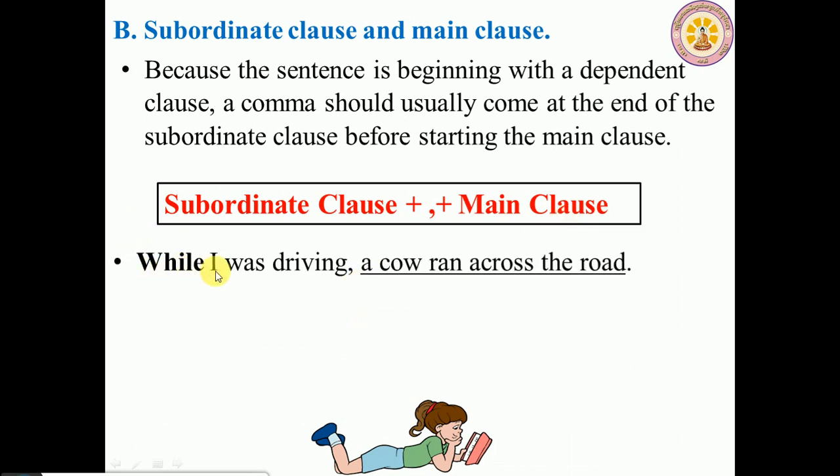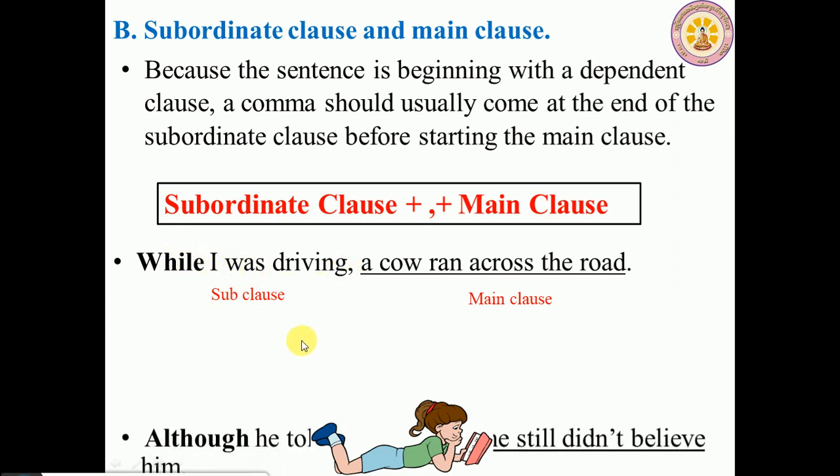Example: while I was driving, a car ran across the road. While I was driving is the subclause, and a car ran across the road is the main clause. So if we place the subclause first, we have to use a comma.